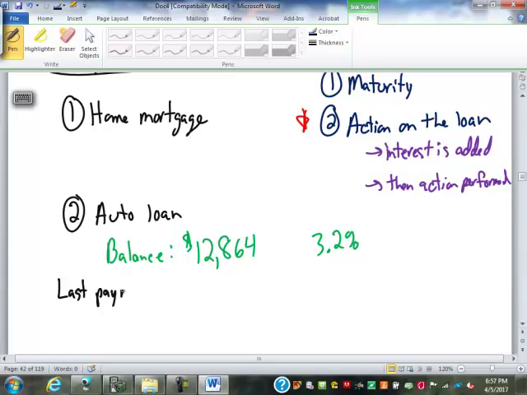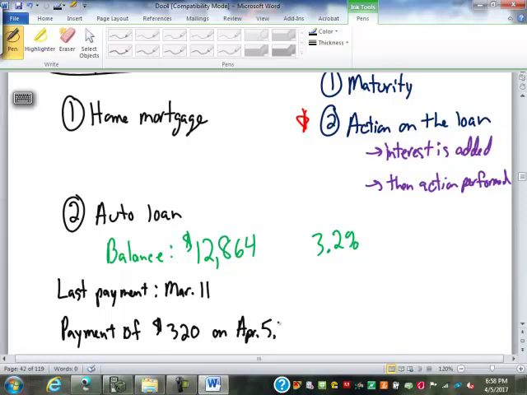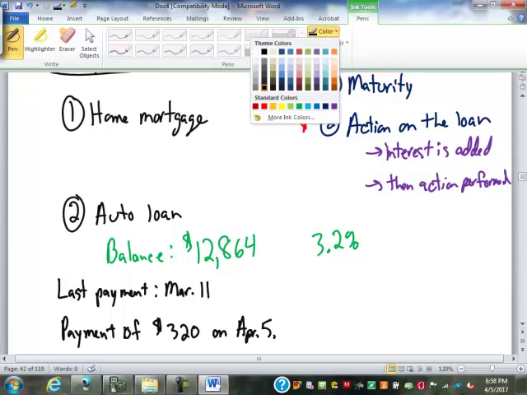Let's say the last payment was on March 11th. You're going to make a payment of, let's go $320 on April 5th. Let's figure out how that impacts the loan.